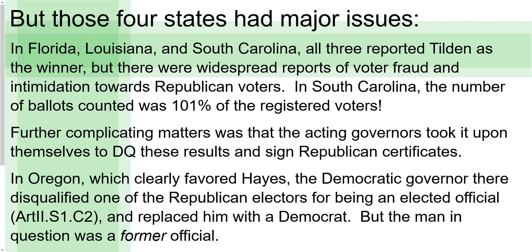South Carolina, in particular, another thing is the number of ballots counted was 101% of the total number of possible registered voters in the state. In other words, 101% of the entire voting age population. So that's a lot. And they already had access.